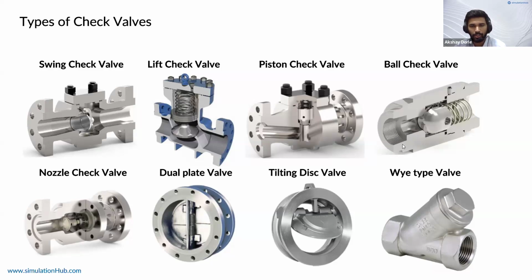There's also one which has a floating ball inside the valve. Then we have the topic of today, which is nozzle check valve. Again, it's a unidirectional check valve. We have dual plate check valve, tilting disc check valve, and Y type check valve. Again, it completely depends on what type of application we are using them.